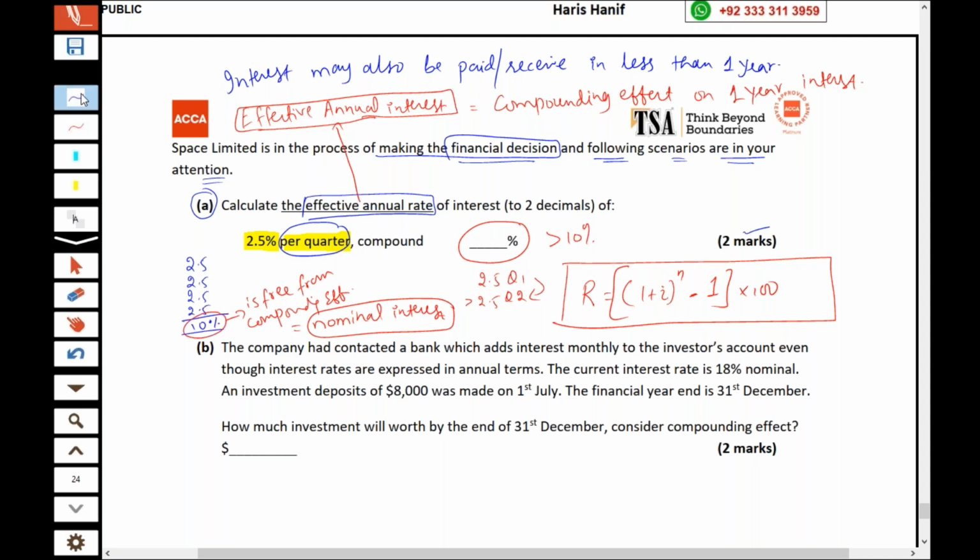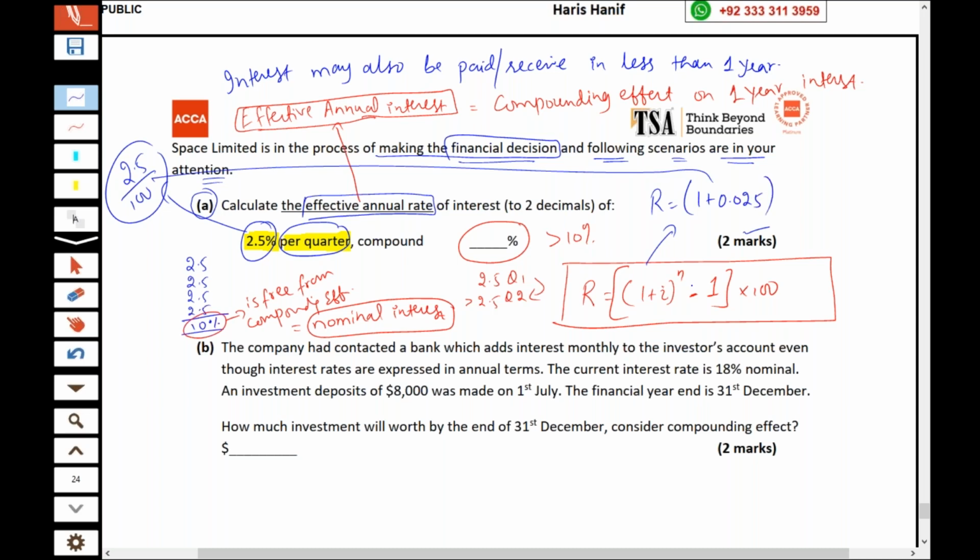Now, how will I calculate this? See, R is equal to 1 plus i, where i is 2.5% divided by 100, that is 0.025. And what is n? n means number of periods in a year.